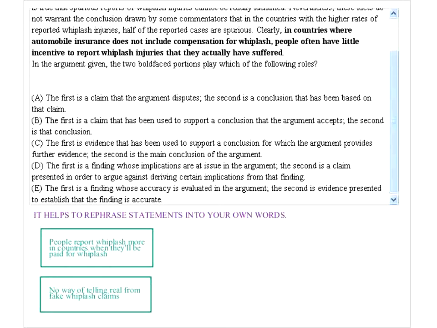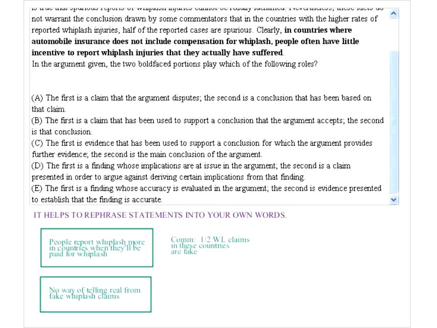Commentators, this is actually two kinds of statements. The facts don't warrant the conclusion drawn by some commentators that... So that's really two things. Let's untangle them. Commentators say half of whiplash claims in these countries are fake.